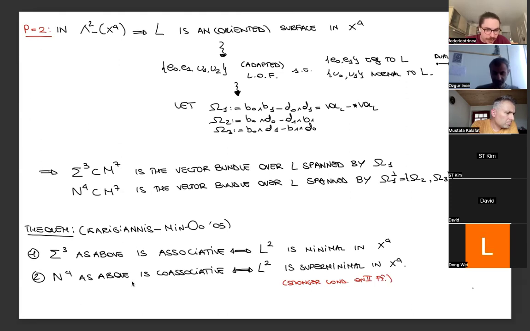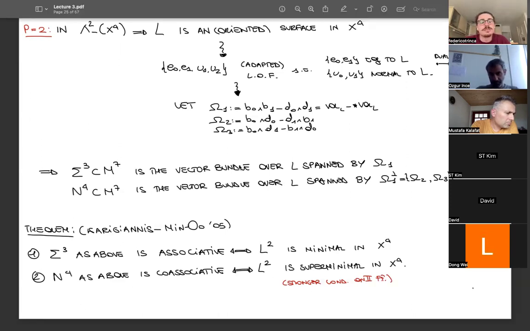Okay, so the theorem that I would like to state and prove is due to Spiro and Minu in 2005. What they proved was that sigma, constructed as above, is associative if and only if L2 is a minimal submanifold of X4.